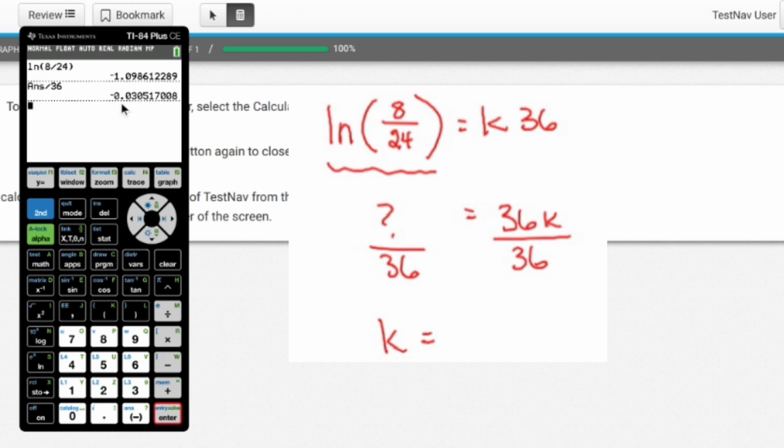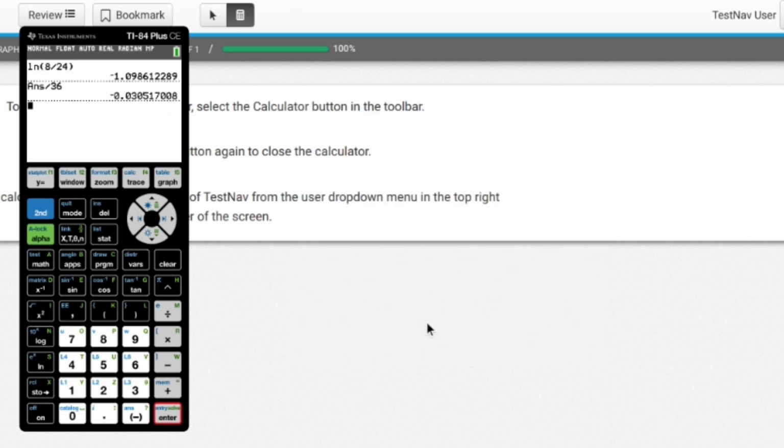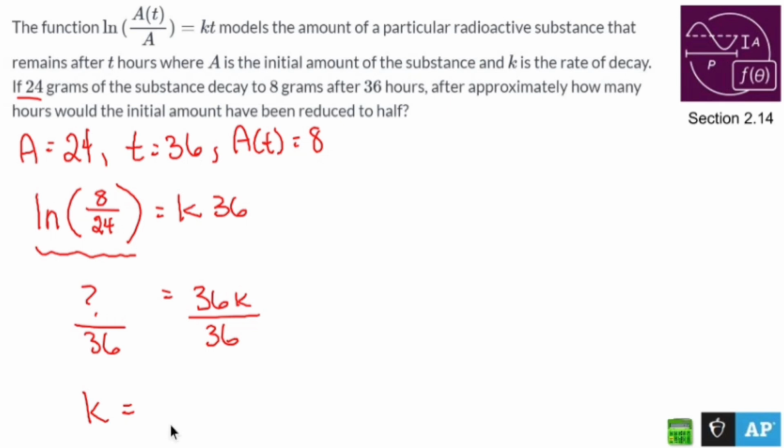We'll use all of those numbers until we hit that double zero, just to keep things as accurate as humanly possible. So k is negative 0.030517. Then it was like 008, but I'm going to stop right there.